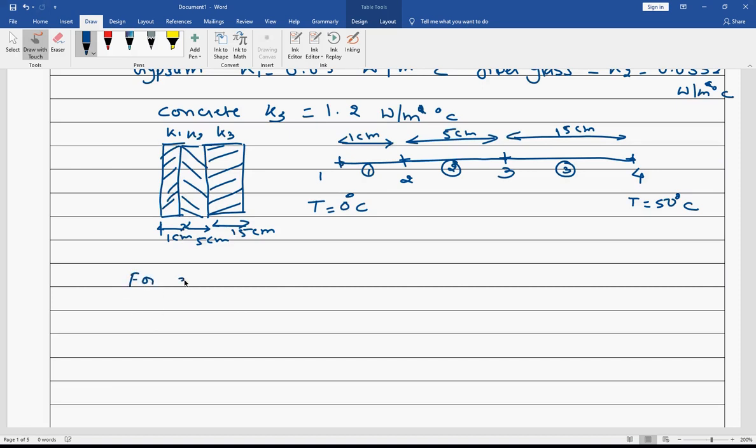So for element 1, my K1 will be equal to A into conductivity.